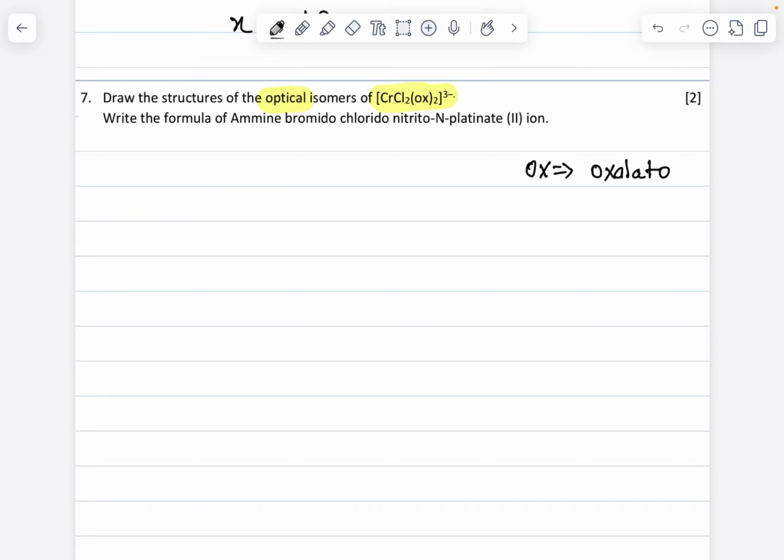As a ligand we write oxalato, and ox stands for this: O minus, C double bond O, O minus. So this is usually a didentate ligand. In short we write that as ox. It will have two linking sites.